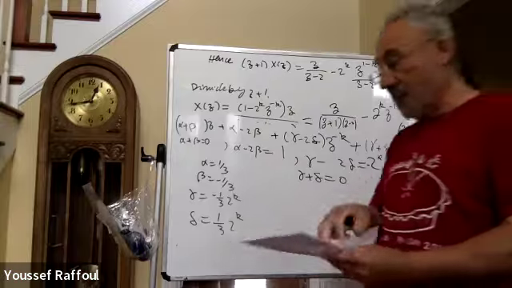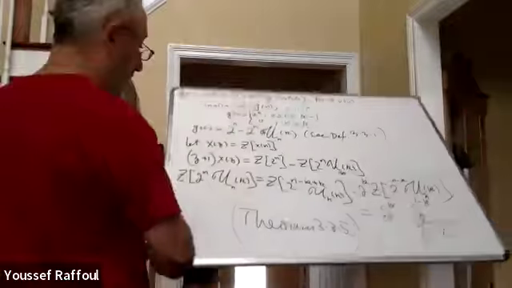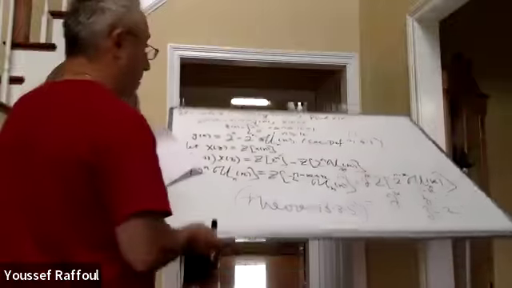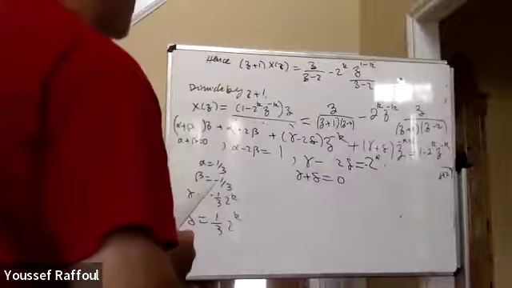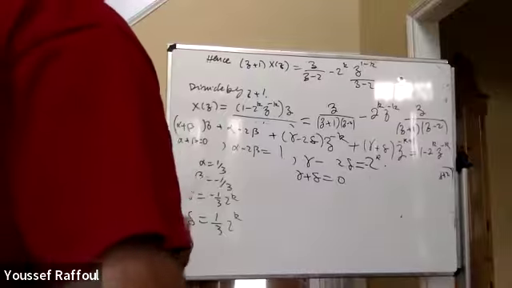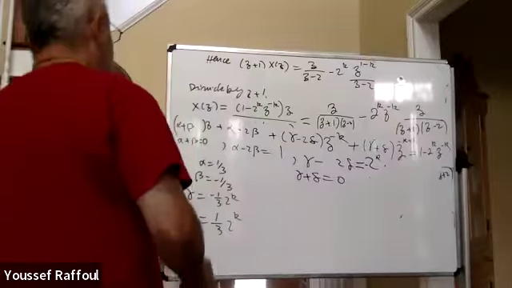All right, so now we need to compute the Z transform. So what do we have here? Now X(z), we wrote X(z) as the transform.